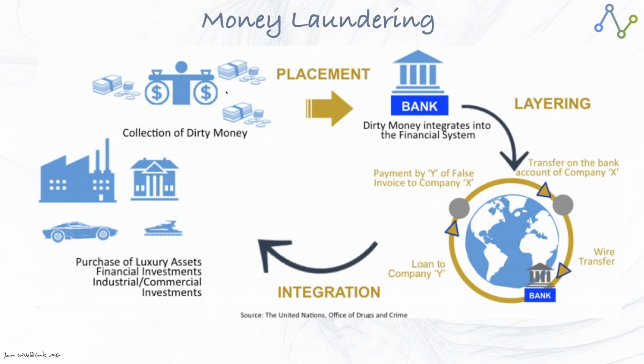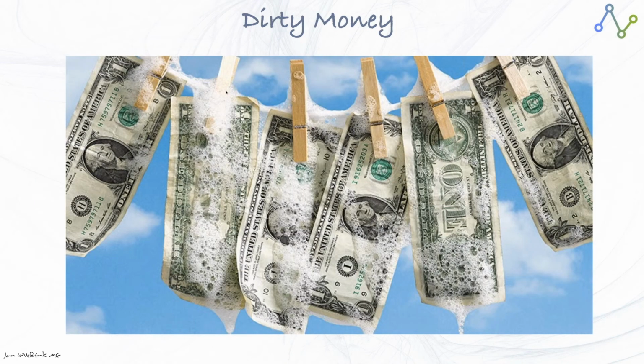And this is what we're facing. We don't know where the money comes from. We only see money coming in and out of the bank. And sometimes we see that it's being used to buy Bitcoins or luxury assets. So it's all about dirty money.